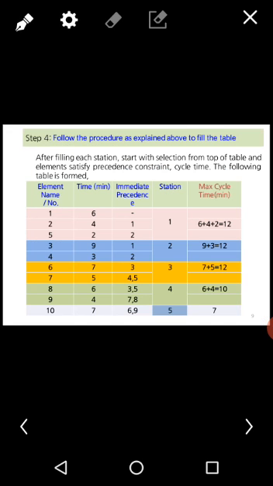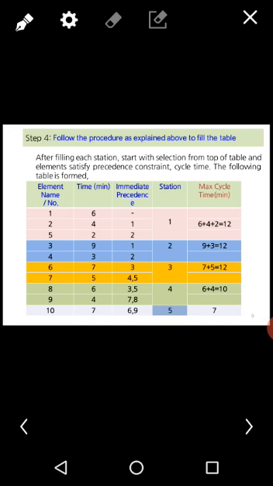After completion of station 1, the elements 1, 2, 5 are over. Here 3 and 4 are not in station 1. So in station 2, the first element is 3 and its time is 9 minutes and its precedence is 1.